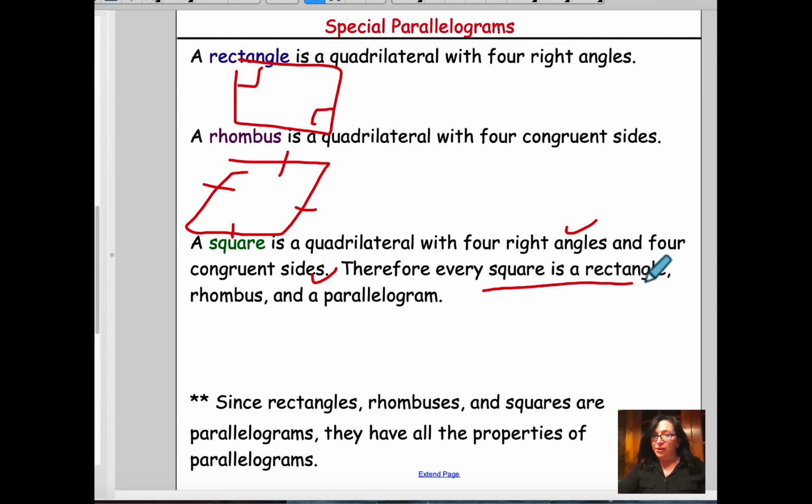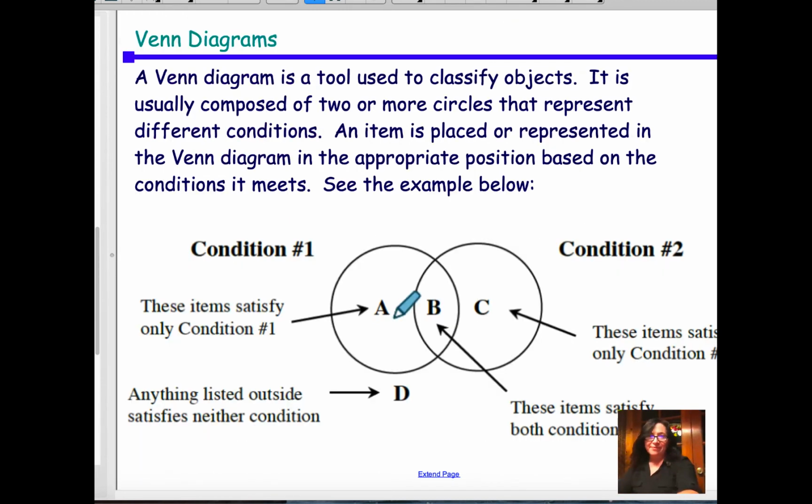Therefore, every square is a rectangle, a rhombus, and a parallelogram, because the squares are like all powerful. They take in all of the attributes from all of the other parallelograms, and they have that to them. So they have all the other properties for them.